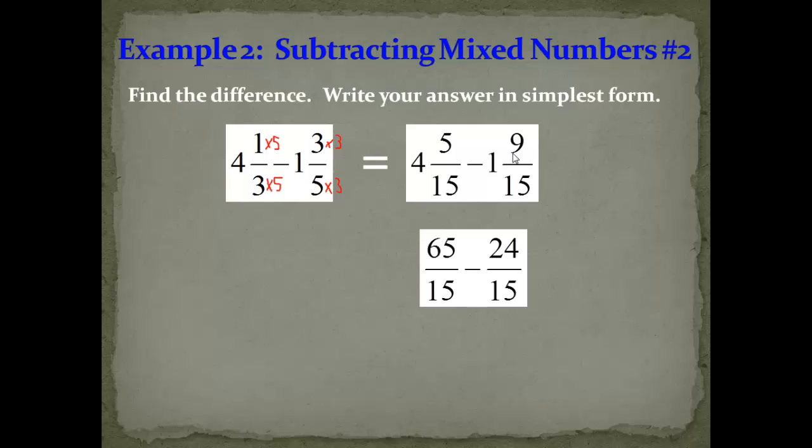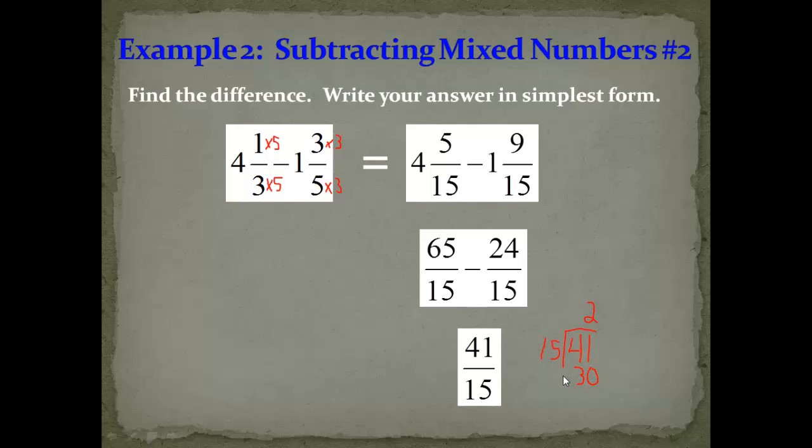Now we can subtract our numerators, 65 minus 24, and we're going to get 41, and then we have 41/15. This is an improper fraction, so we now need to convert this to a mixed number. We'll take 41 and we will divide that by 15. 15 goes into 41 2 times, and 2 times 15 is 30.